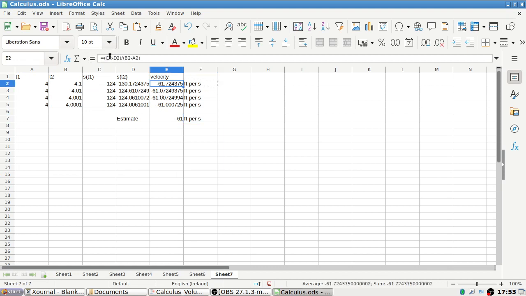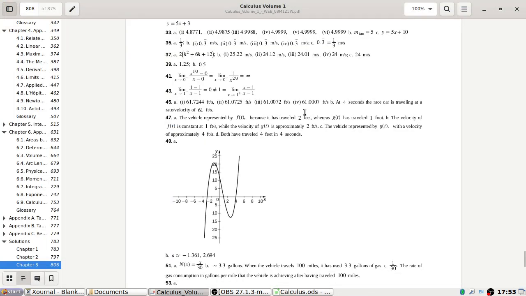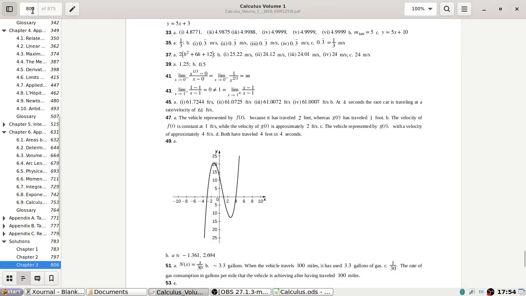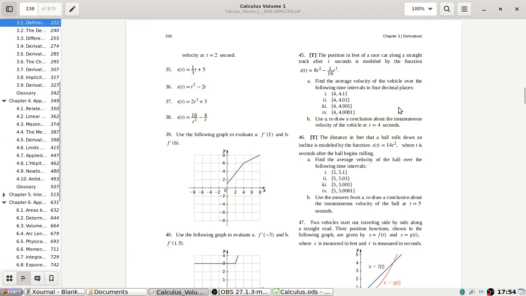Ah, I did mistype it. It's C minus D. 61. But it doesn't say anything about rounding, so I have more decimal places than they do.